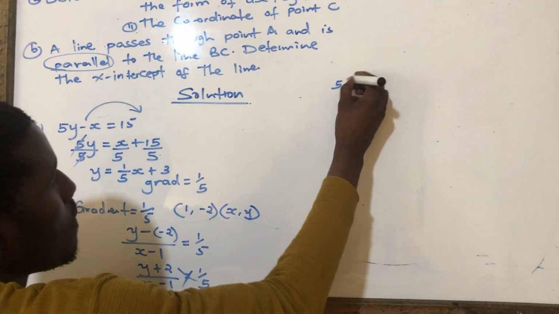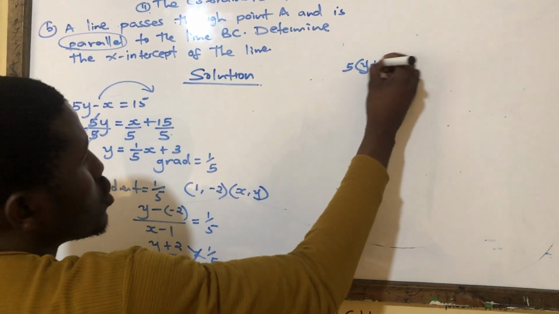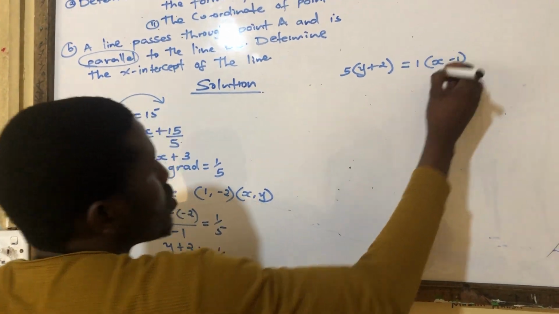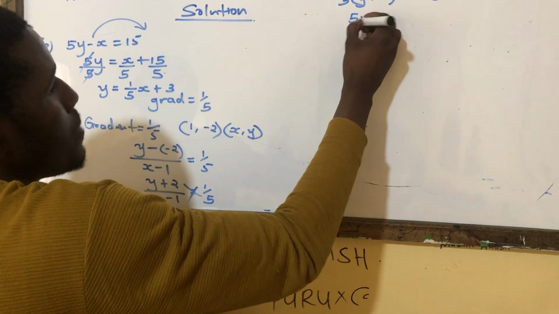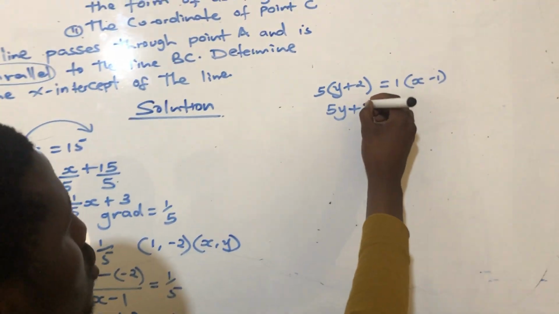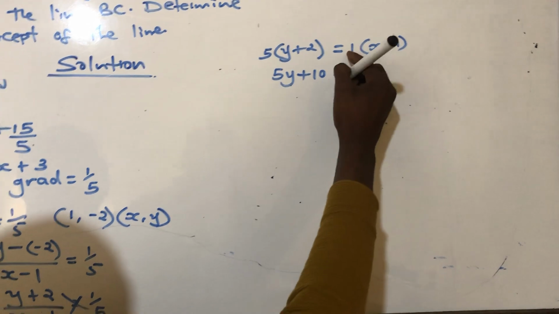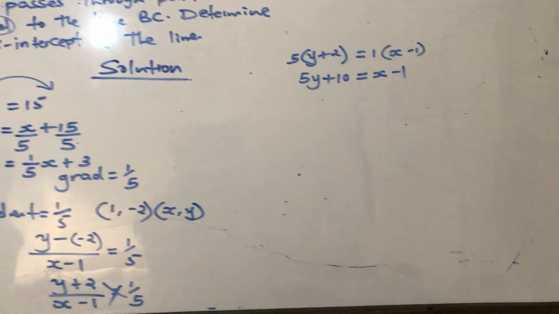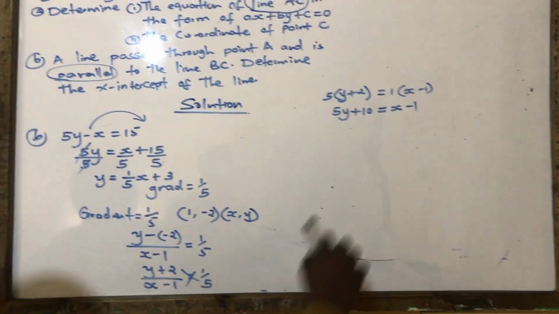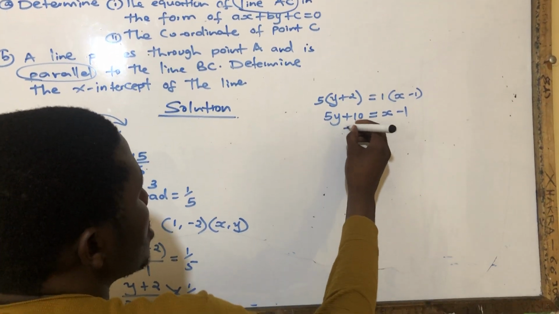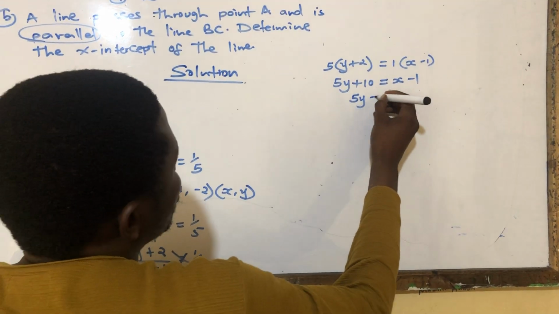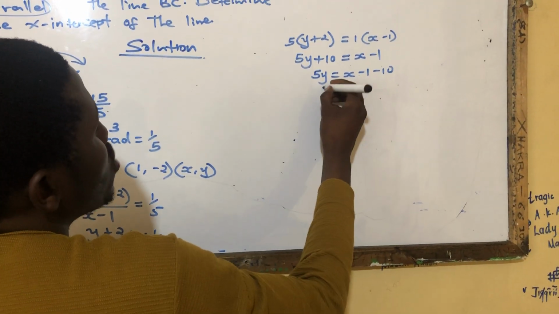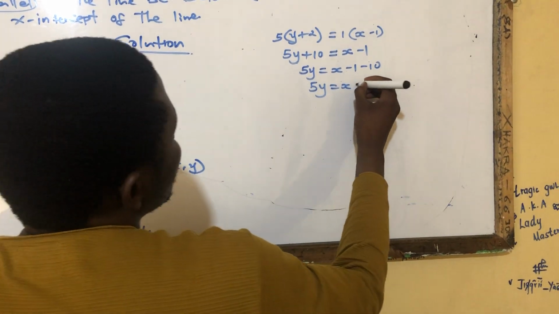This 5 will be multiplied by y plus 2, equals the 1 multiplied by x minus 1. 5 times y, 5y, 5 times 2 should give us 10, equals 1 times x will give us x, 1 times negative 1 would give us negative 1. The 10 will then cross over to the other side, giving us 5y is equal to x minus 1 minus 10. This will be 5y is equal to x minus 11.